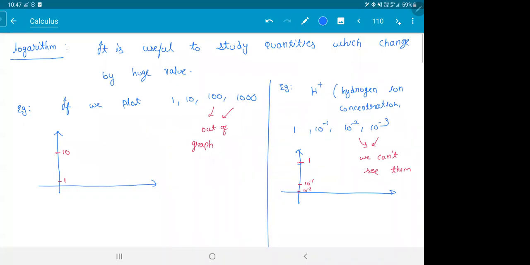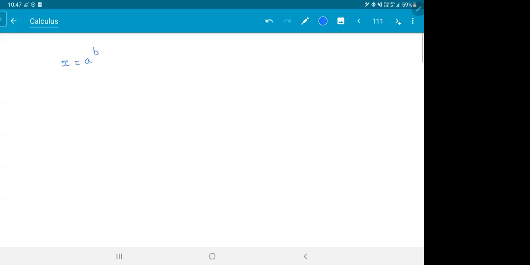Copied. Next thing. So what do we do for this? We created logarithm. Suppose you have a quantity, let's say x is a power b. When you put a log on both sides, we write log x to the base a. So b is the power, the exponent, and a is the base.